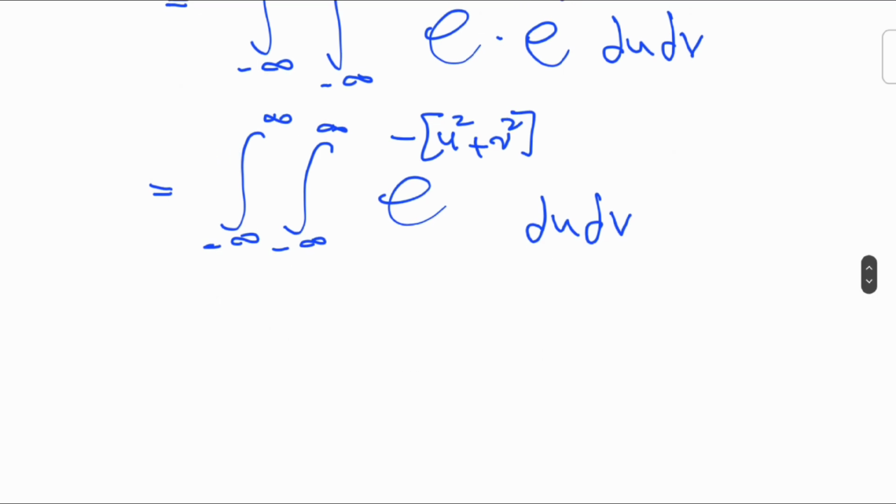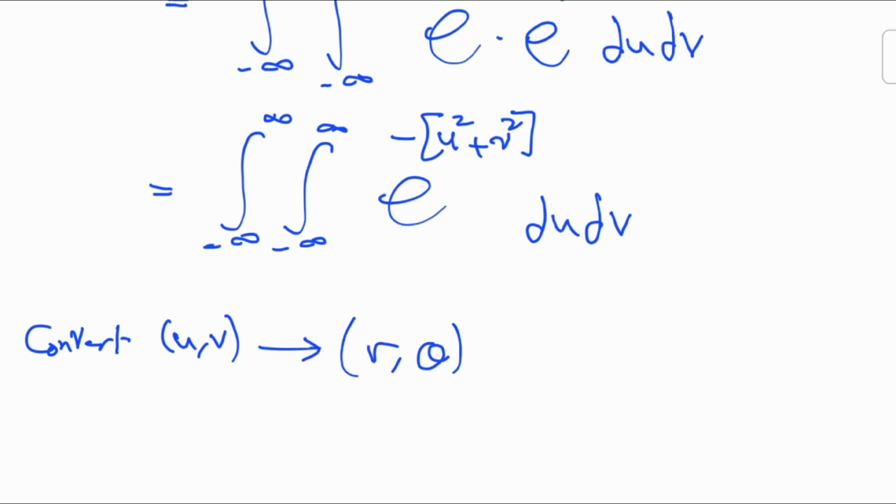We can convert the uv space into r theta using the common transformation.